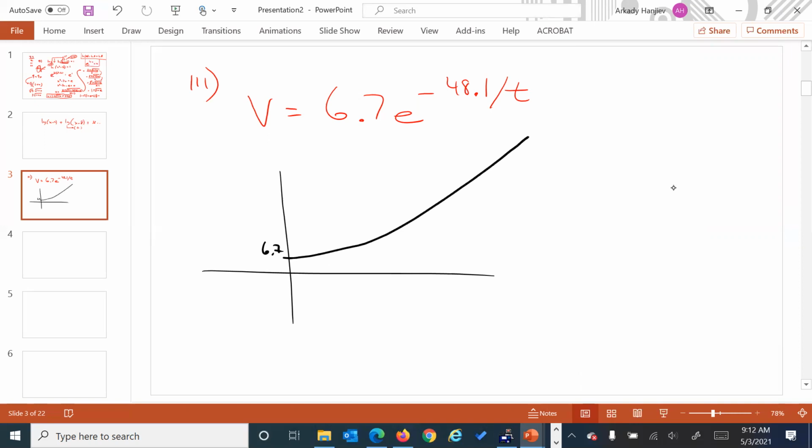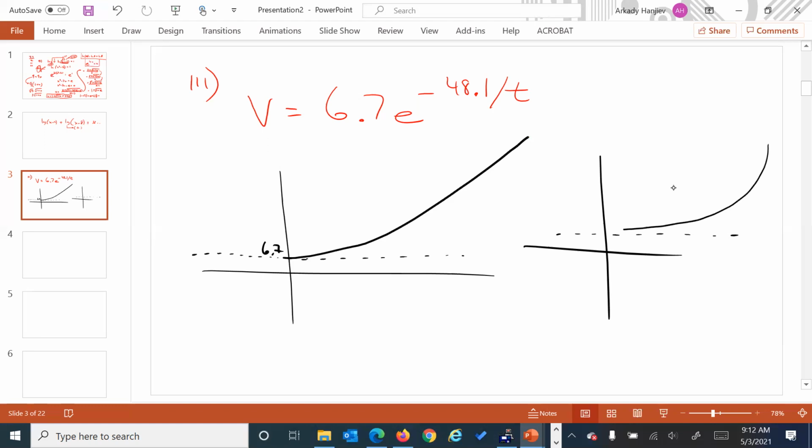So the horizontal asymptote would then have to be 6.7, because that's the value it never crosses, even though it more like gently rolls around and then stops right there.